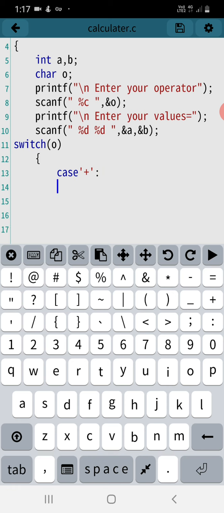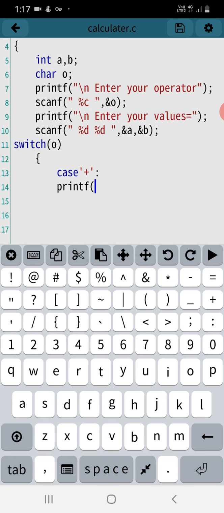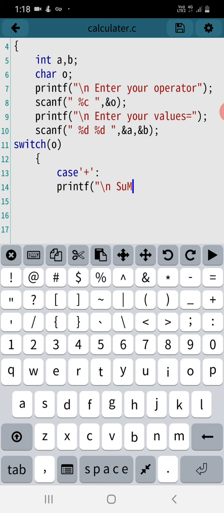Next line, printf, newline, "sum is equal to" %d, comma.